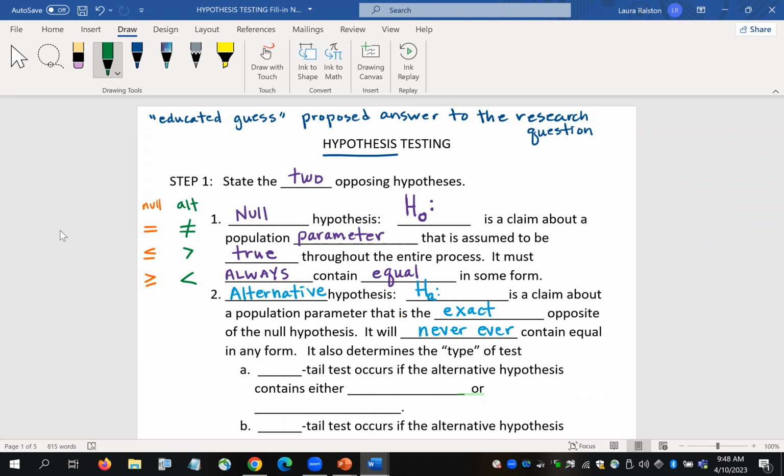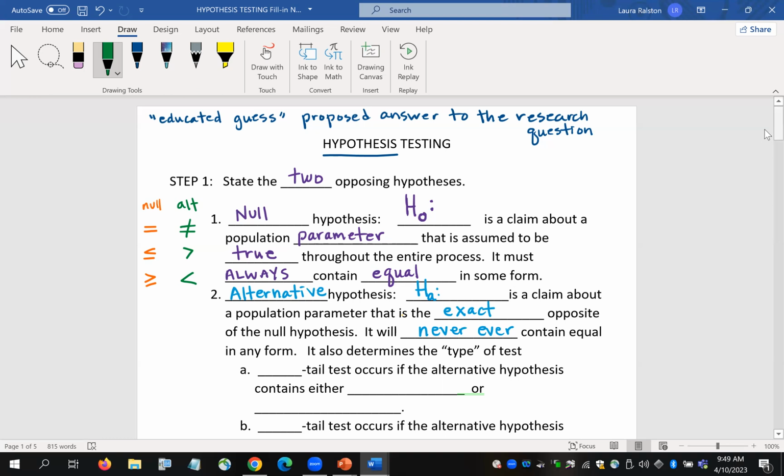One of your hypotheses will be given to you in the scenario. The challenge that we have is identifying which one we have. And it will all be based on the phrasing and the words in the problem.